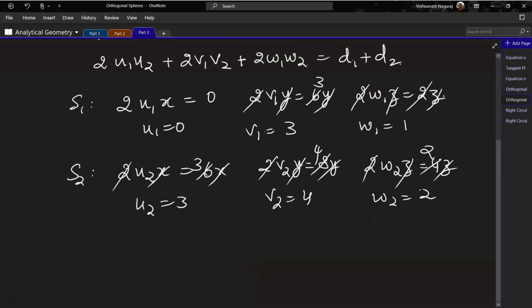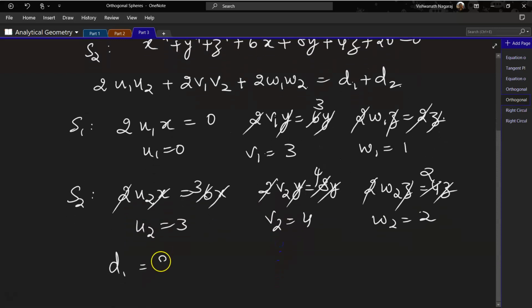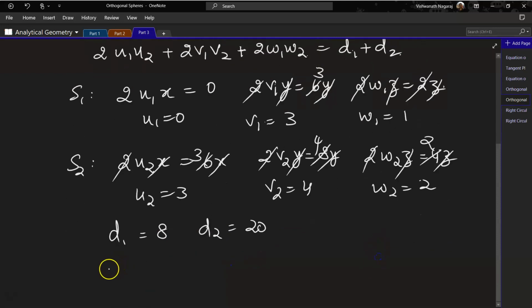So now it's just a question of substituting the values. By the way, d1 is equal to 8 and d2 is equal to 20. So we do the substitution. 2 times u1 times u2 plus 2 times v1 times v2 plus 2 times w1 times w2 is equal to d1 plus d2.